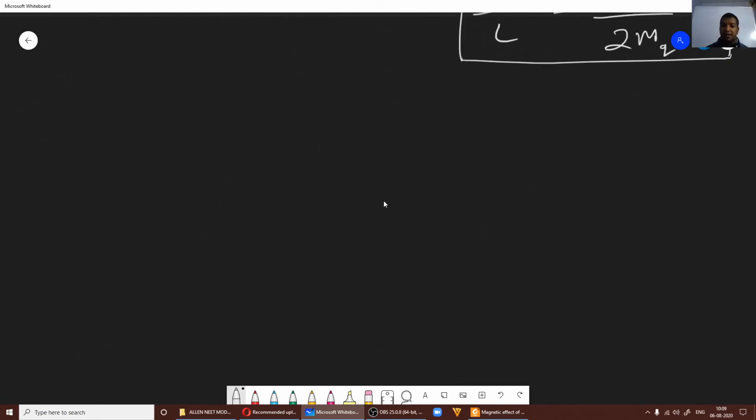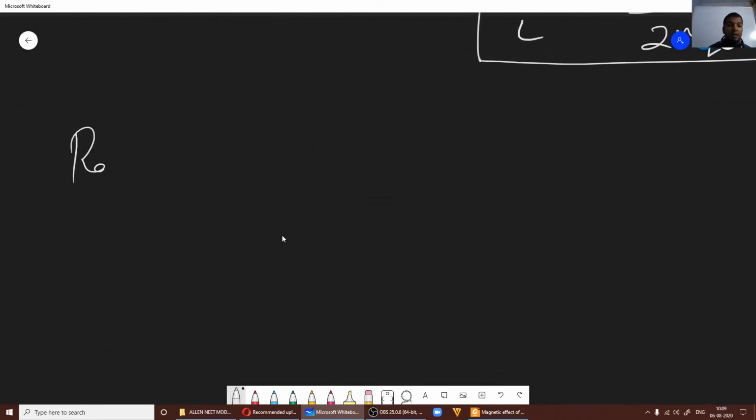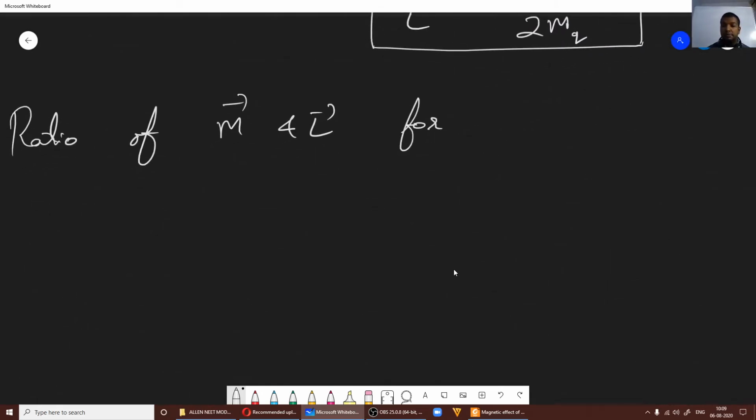Fine. For that, let us consider the ratio of magnetic moment m and L for a uniformly charged rod.